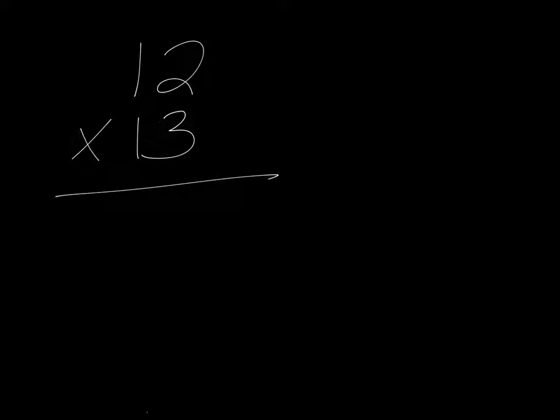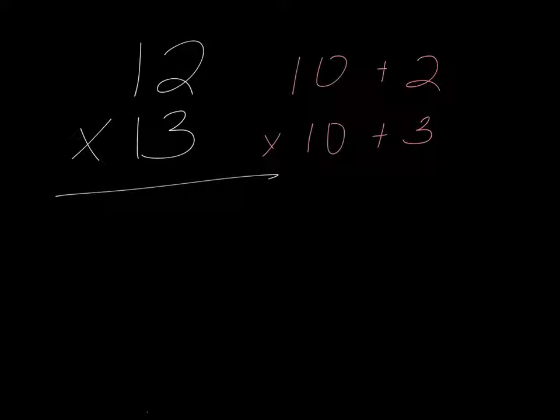So now if we have the multiplication problem 12 times 13, we're going to solve that using the partial products algorithm. We need to think about the numbers being broken down, so we can think of 12 as 10 plus 2 times 10 plus 3 for 13. When we think about it that way, it's a little bit easier to multiply.